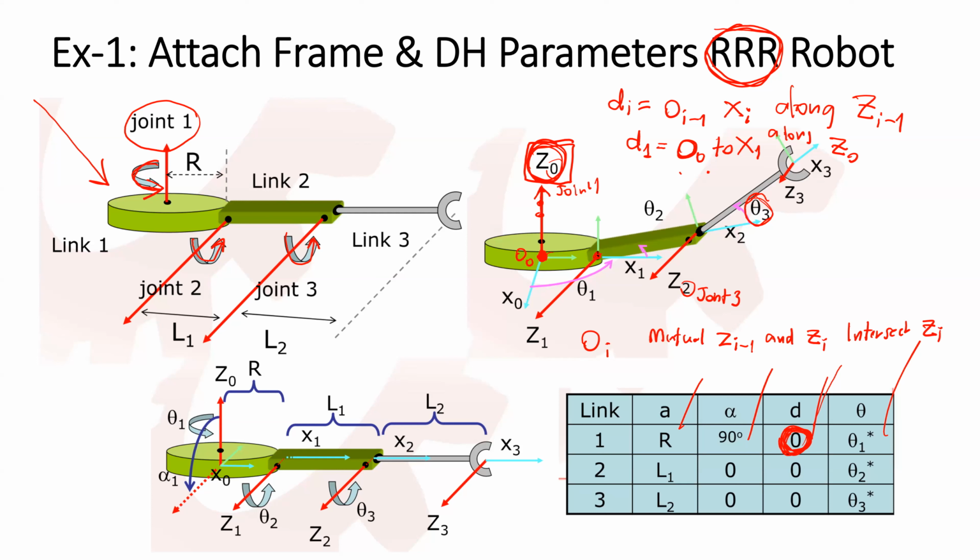So if we want to find the origin of frame 1, it should be the intersection point between the line that is the mutual perpendicular between Z0 and Z1 and Z1.